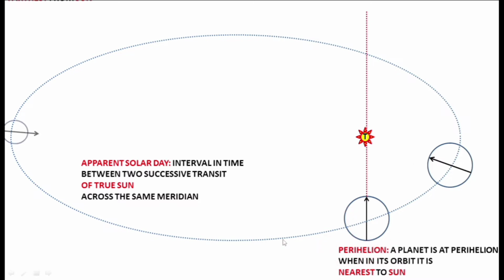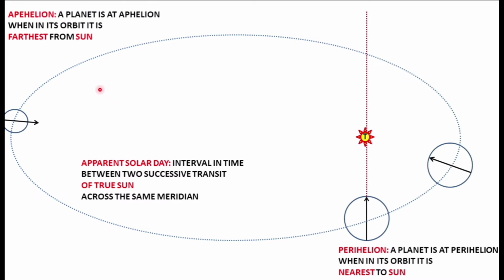And when it is further away, we use the word aphelion. Of course, these are not the actual positions, this is just for understanding. So this is what the first law of Kepler says: the planets are moving around in an elliptical orbit with the sun at one of the foci.